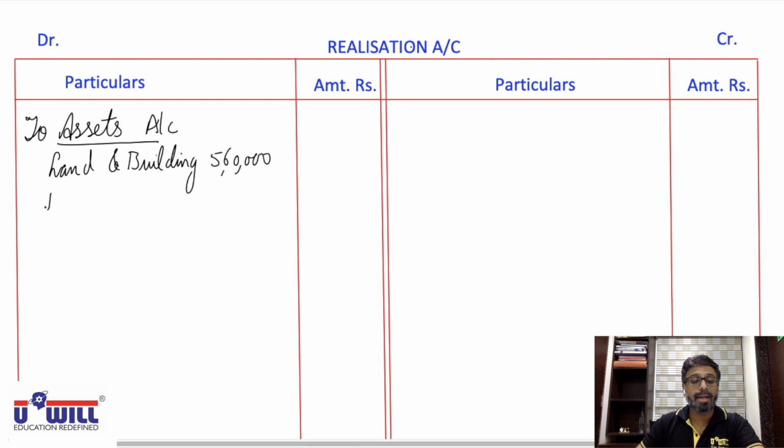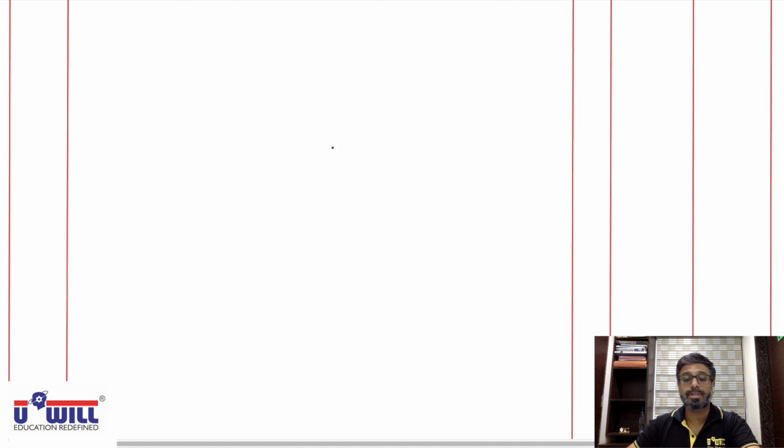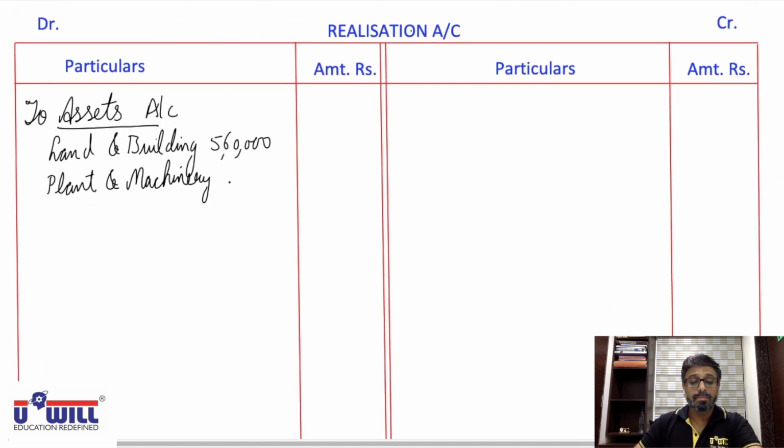Then plant and machinery with 9,42,000. All the assets will be recorded on debit side.